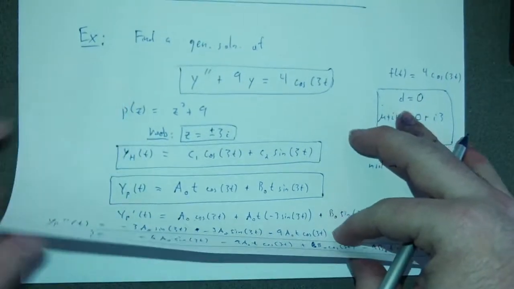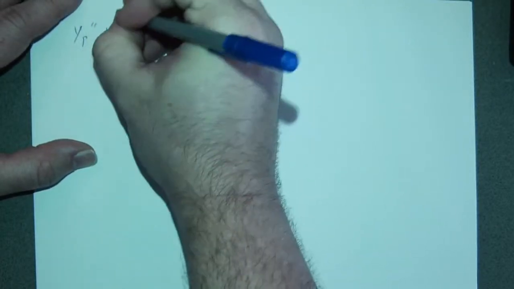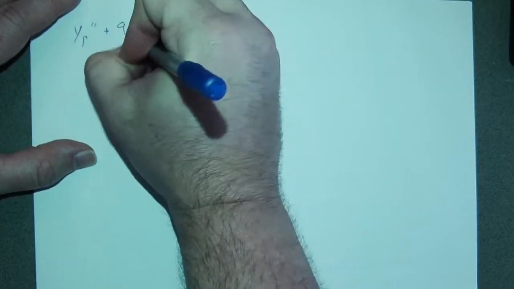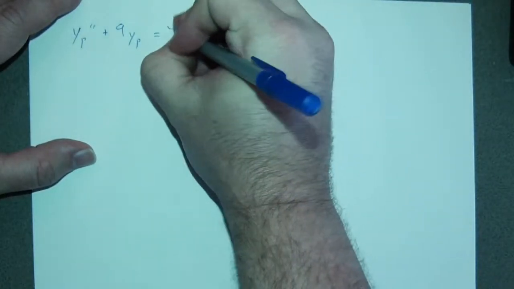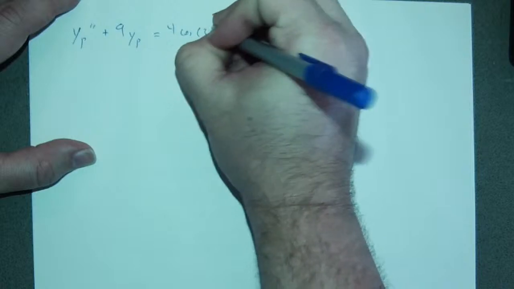All right, so let's do that. So what is y sub p double prime plus 9 y sub p? That should be equal to 4 cosine of 3t.